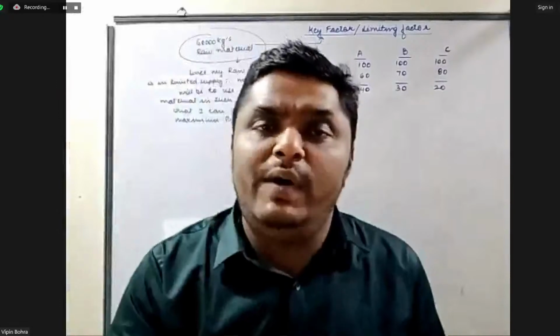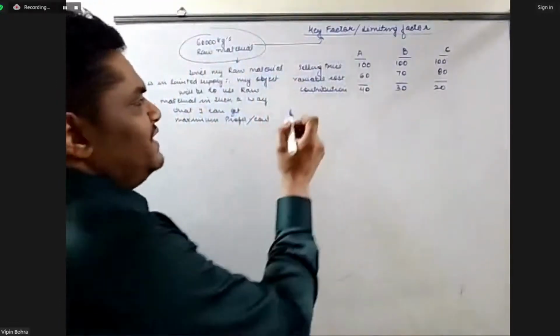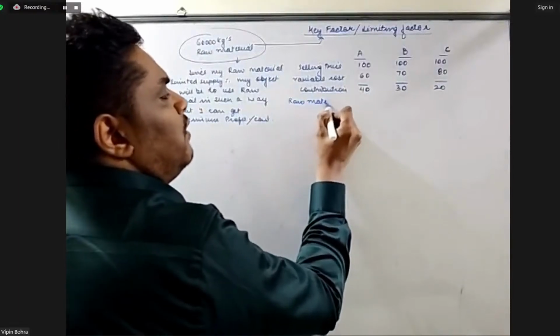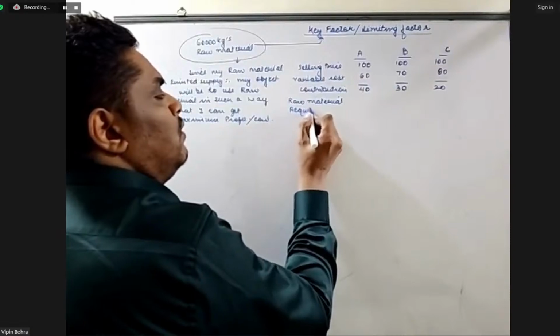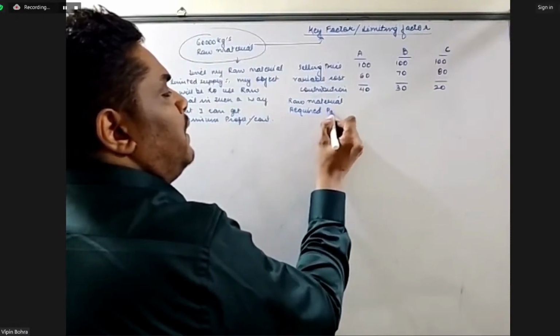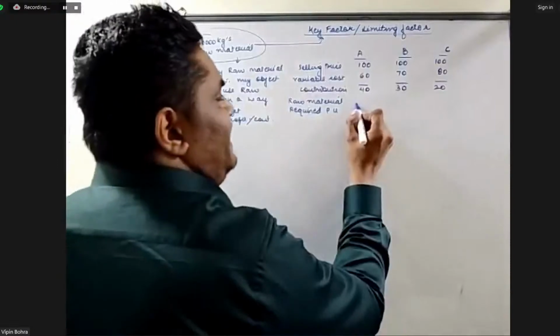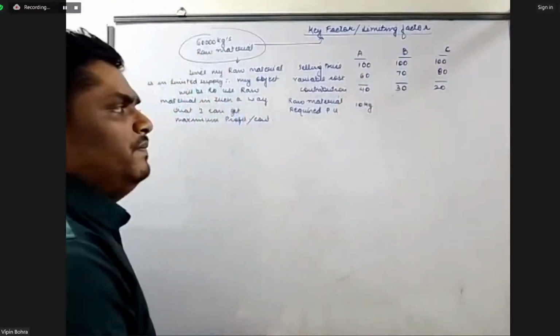Now let's say, since the raw material is available in limited supply, we will check how much raw material is required to manufacture a particular product. So let's say information is given in the question as regards raw material required per unit. Let's say A requires 10 kg of material to manufacture a product.